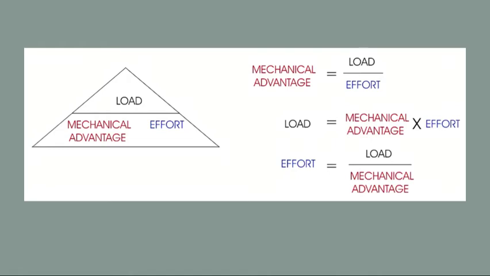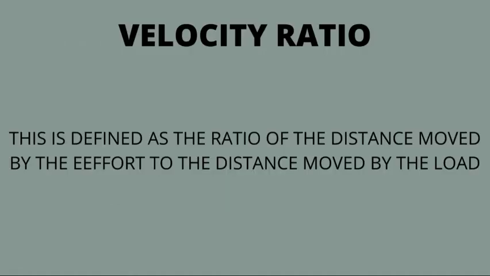But if it overcomes a large load with so much effort, it has a low mechanical advantage. Mathematically, mechanical advantage is represented as load over effort, and it has no unit because load is in Newton, effort is in Newton. So if we are dividing the two of them, then Newton will cancel out.